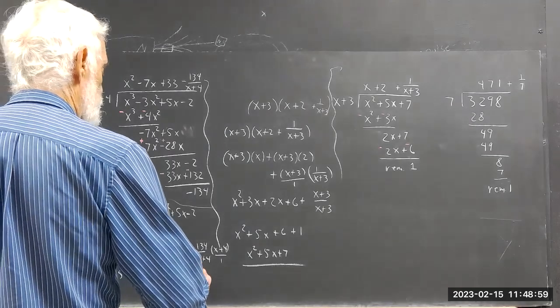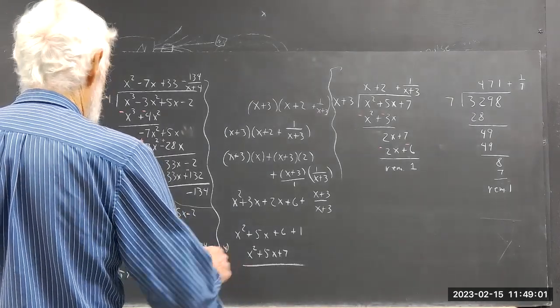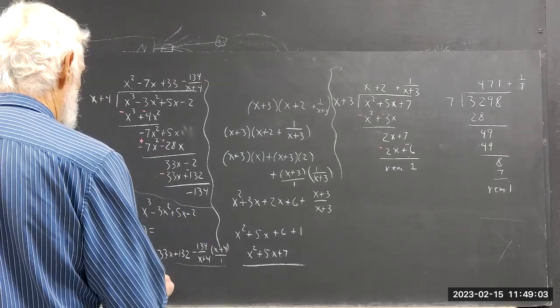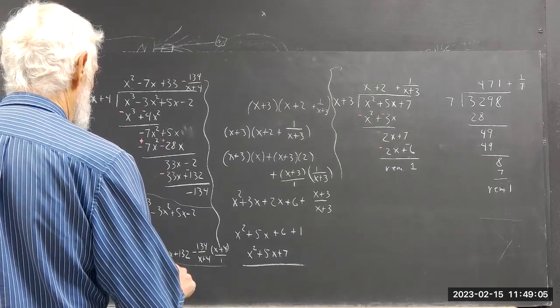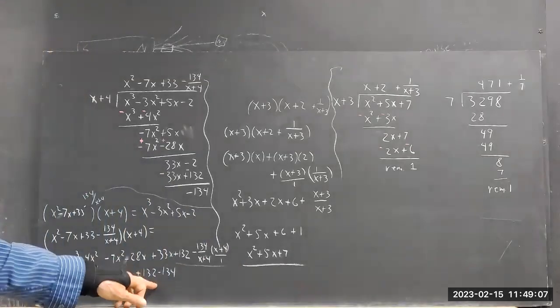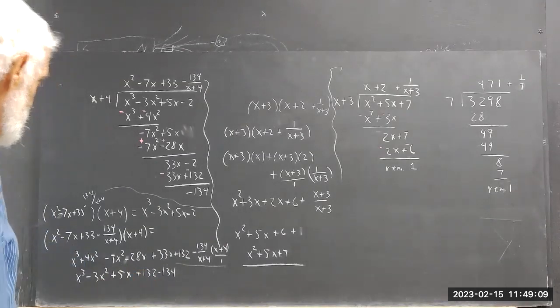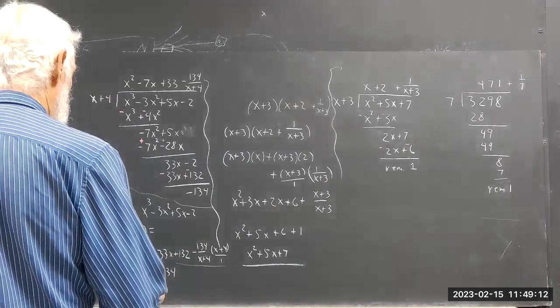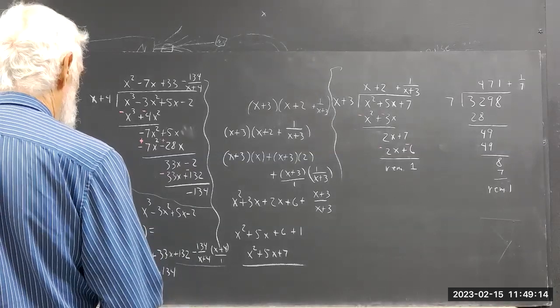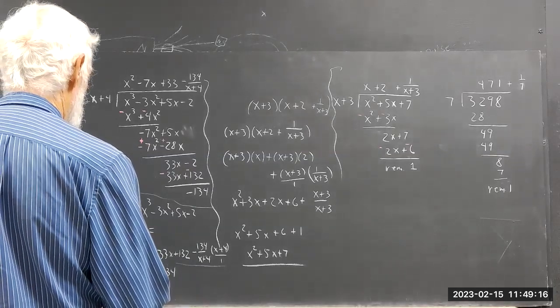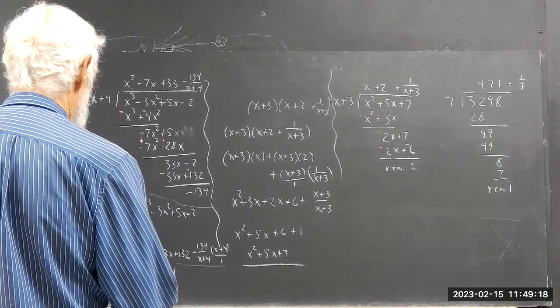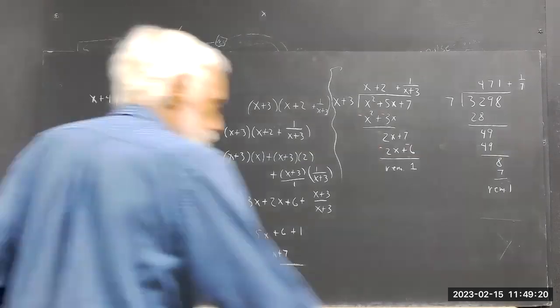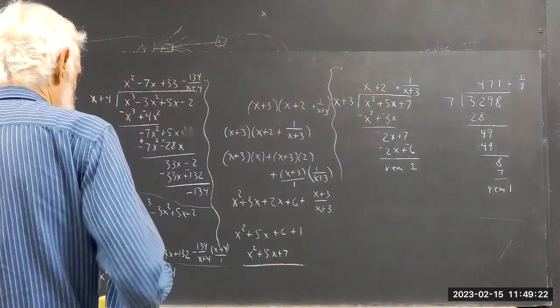Then of course that's my 132. And this, well, that's a plus 132 minus 134. Well, that's minus 2, isn't it? Okay, so that's finally x cubed minus 3x squared plus 5x minus 2.